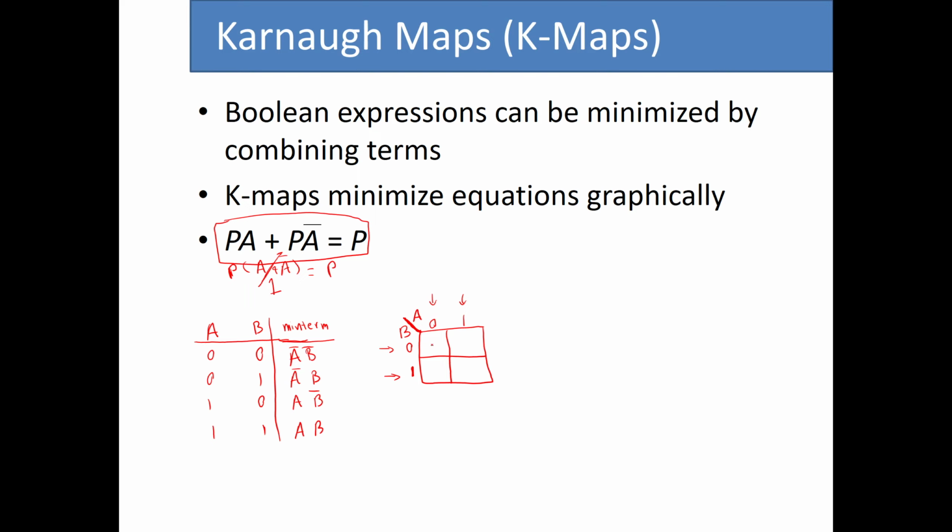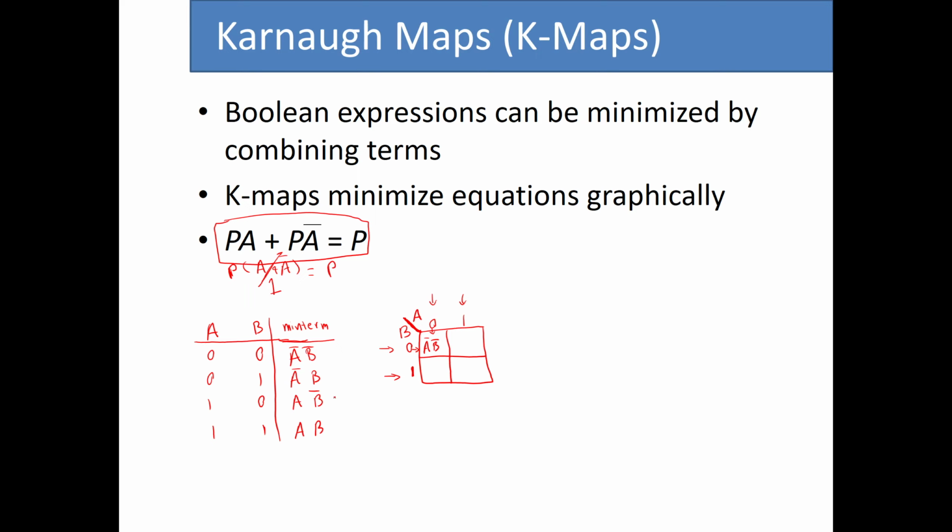So now for each one of these cells, we can write the associated min term inside. For this cell, B is 0, and A is also 0. So the associated min term for this cell is going to be A bar B bar. What about for this one? A is 1, B is 0.